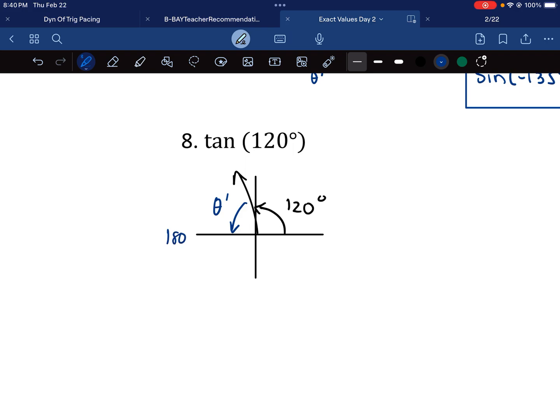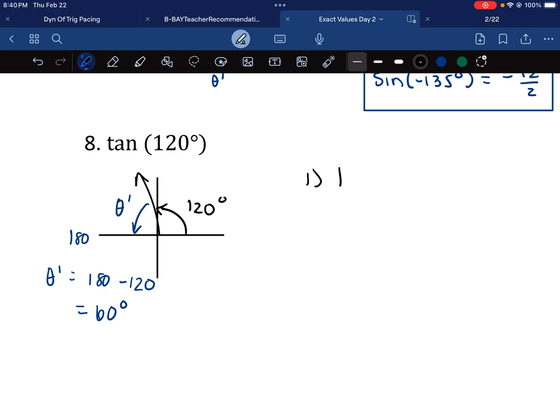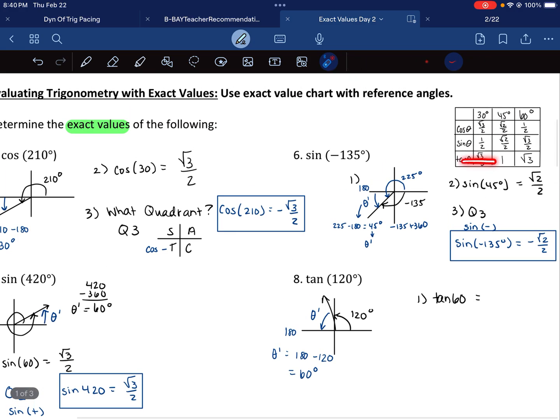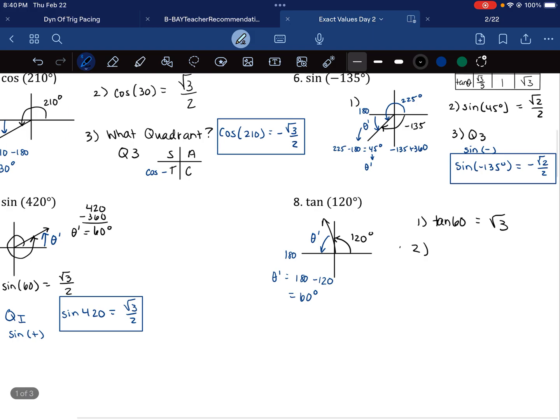I know this is 180. Reference angle is 180 minus 120, once again, 60 degrees. So first step is I take tangent of 60 degrees. I use my chart. Tangent 60 is radical 3. Okay, I am in quadrant 2.